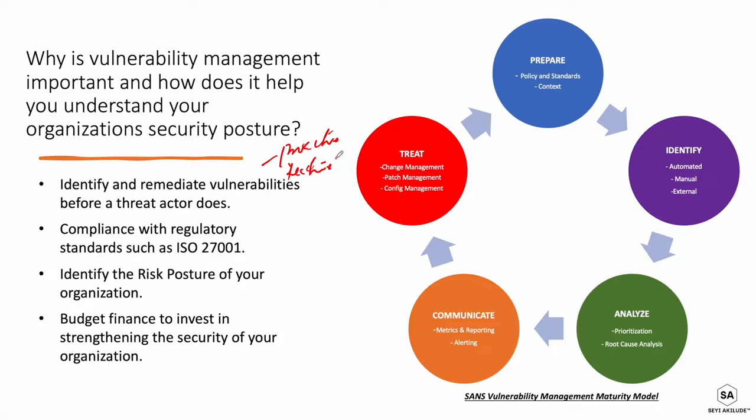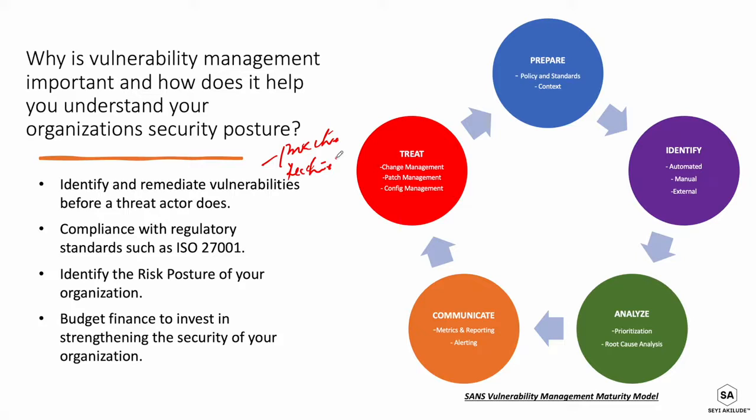Okay, and the last thing is that it helps you to finance. It helps you to budget and invest in strengthening the security of your organization. Meaning that if, for example, in your security posture, you realize that your perimeter is very weak and you can easily be exploited from external sources, one of the things the business owner should start thinking about is, how do we acquire some safeguards or controls to ensure that our perimeter is strong?